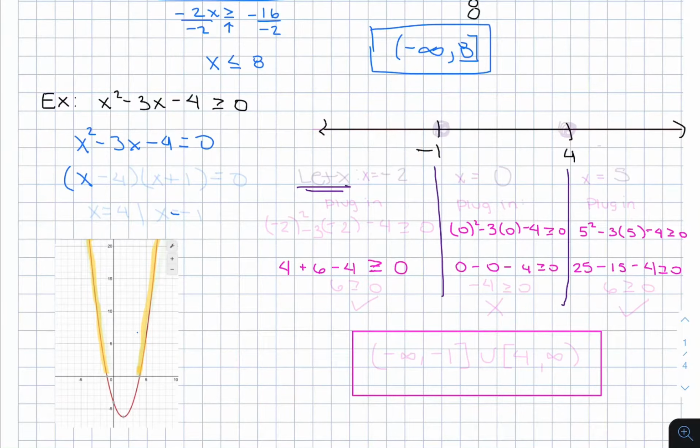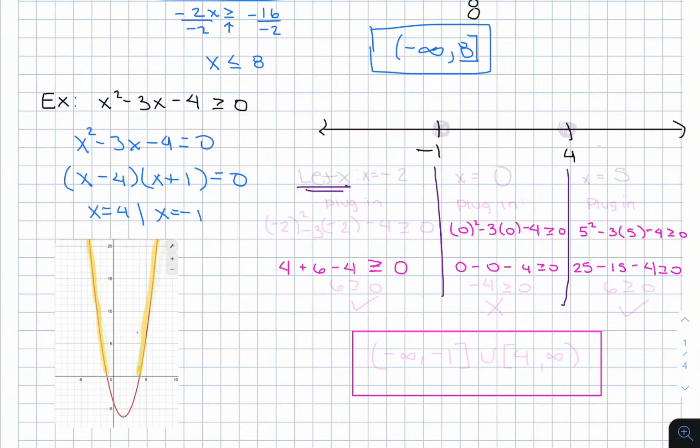So we would have x minus 4 and x plus 1, because -4 times 1 is -4, and -4 plus 1 is -3. So setting this equal to 0, we have that x is equal to 4 and x is equal to -1.